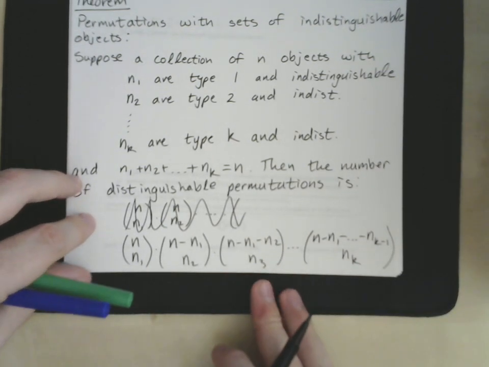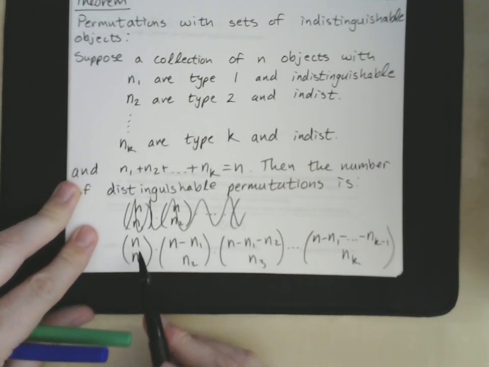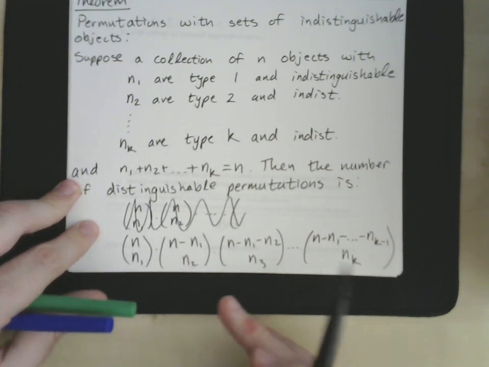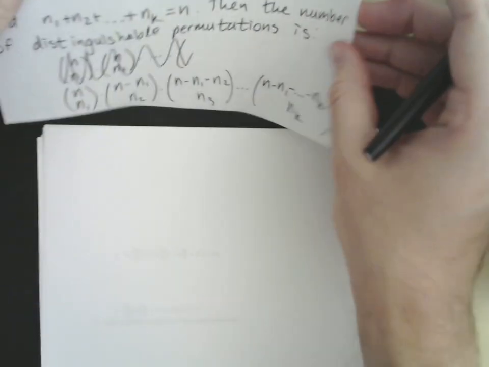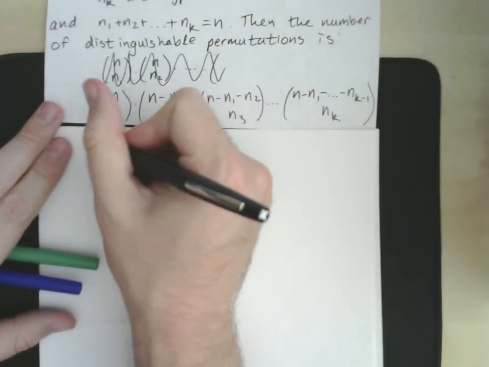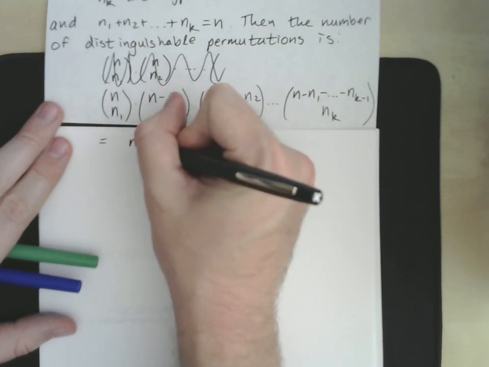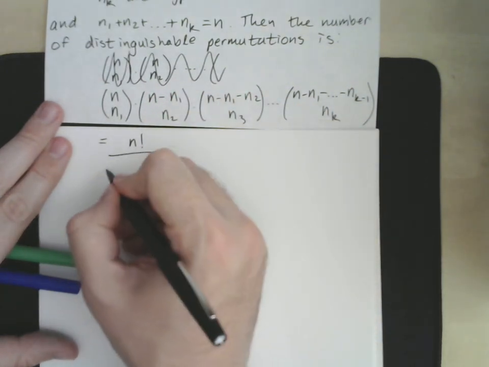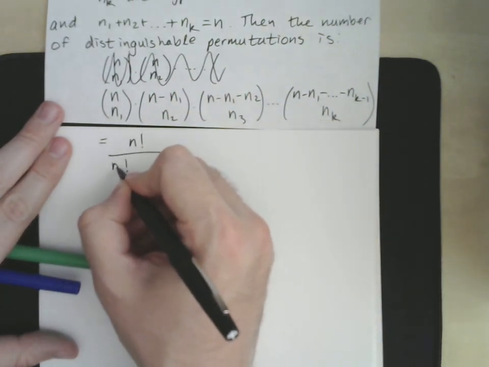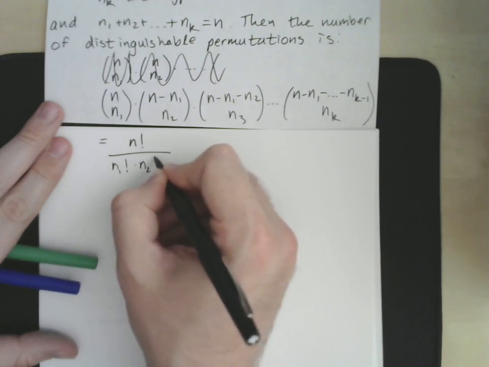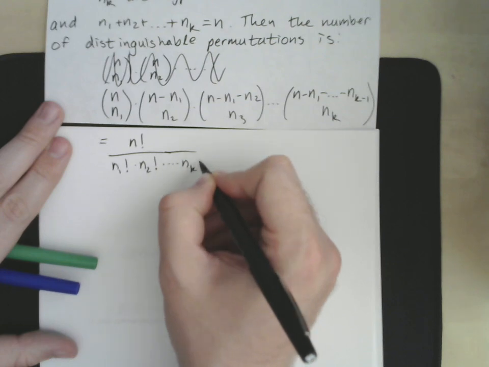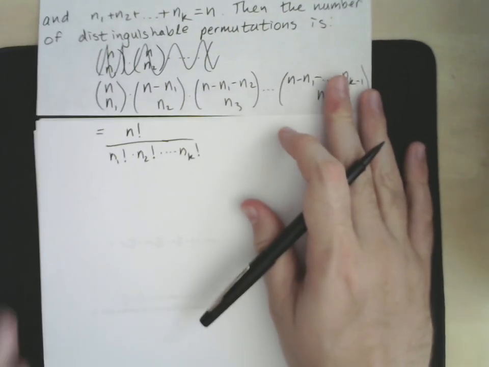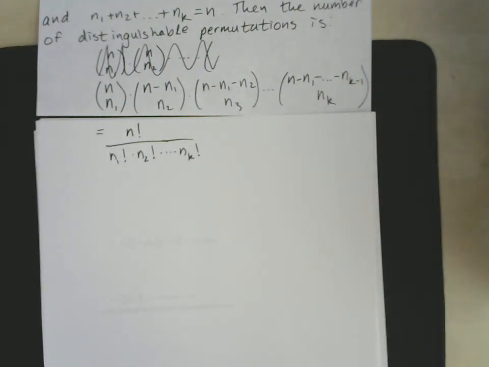That's what we did in the last example. Every time you lose the number of choices that were the type before, and this turns out to equal n factorial over n1 factorial times n2 factorial times ... n sub k factorial, which is exactly what we saw in the last problem.